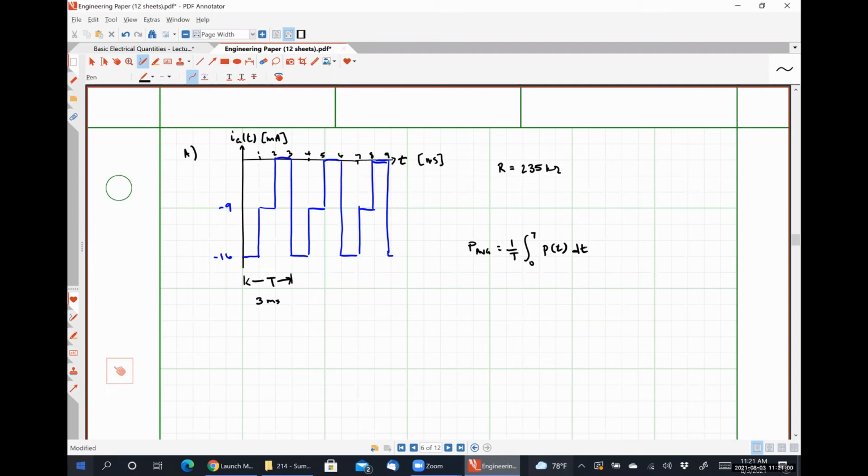But the area under the curve here isn't our instantaneous power. It is the current flowing through our resistor. So what's the relationship between the current flowing through the resistor and the power being absorbed by the resistor? That's the piece of information that we're missing here. Any thoughts?